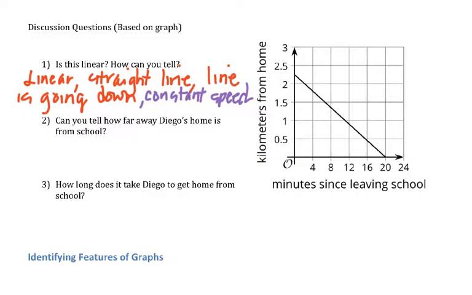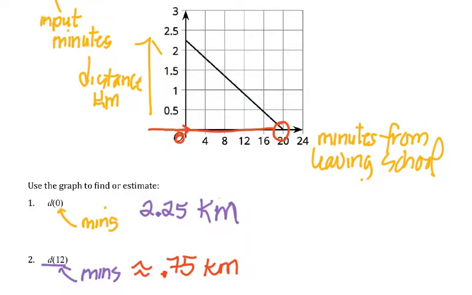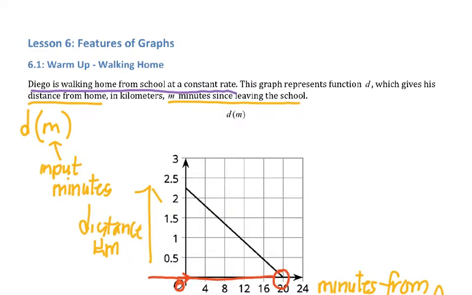All right. Can you tell how far away Diego's home is from school? So again, if you go back, and we talked about he's walking home from school. So this means right here, he started at school and he's walking home.